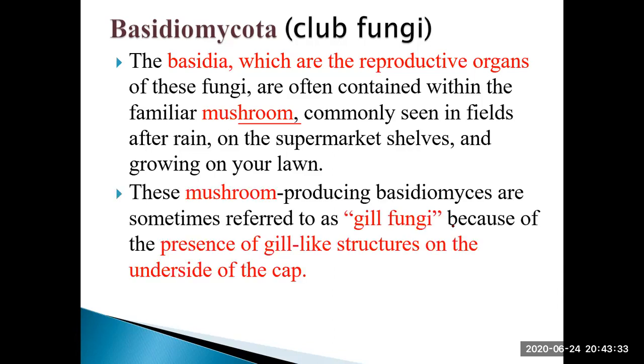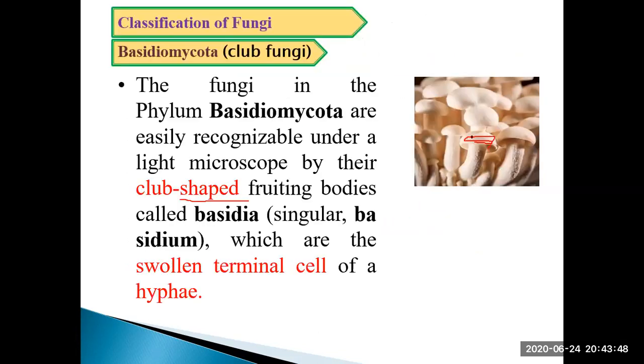And these mushroom-producing basidiomycetes are also called gill fungi. Why are they gill fungi? Because gill-like structures are present underneath the cap. If you say that is a cap-like shape, then in the inside portion of that cap there is some part present, like the root of a plant. There you can also say it is a hyphae-like structure, interconnected with each other.